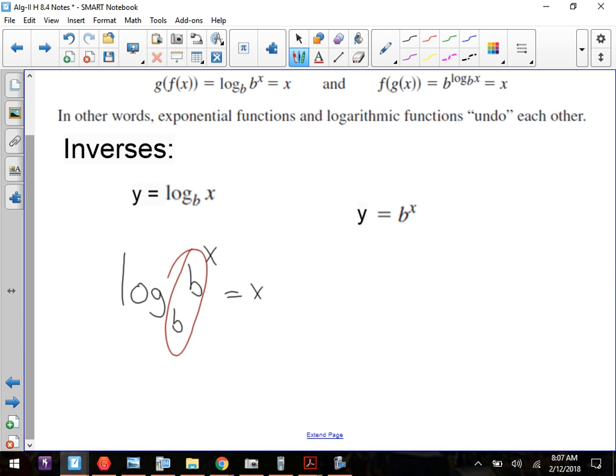As soon as you have the same base with logarithms, it basically undoes itself. So if I wrote it as log base 3 of 3 to the x, those bases are the same, so it would simplify to equal x.